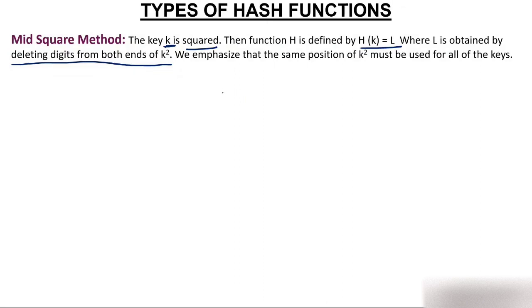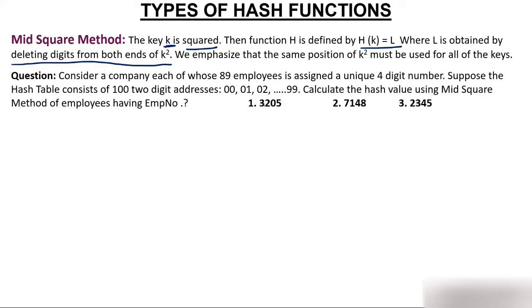So again the same question, but I have to store these values using the mid square method. Let me give you a very good example. Let me take the first key, 3205. I have to apply this method. When I take the square of this number, I get 1027225.